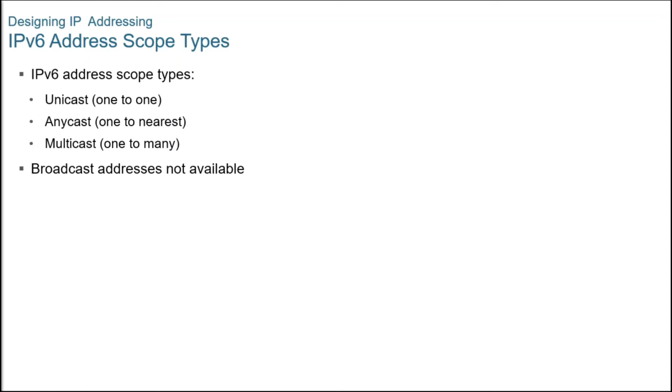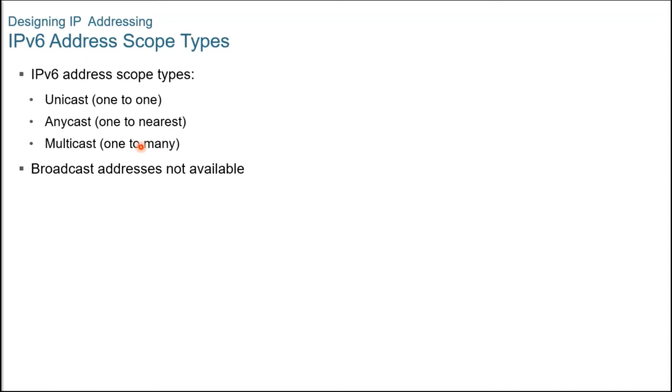Addresses starting with binary 11111111, which is all ones in 8 bits, are used for multicast addresses. The different types of IPv6 unicast addresses are discussed in different sections. This is just to give you an overview of these scope types.